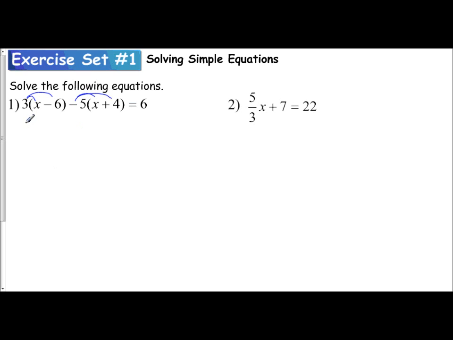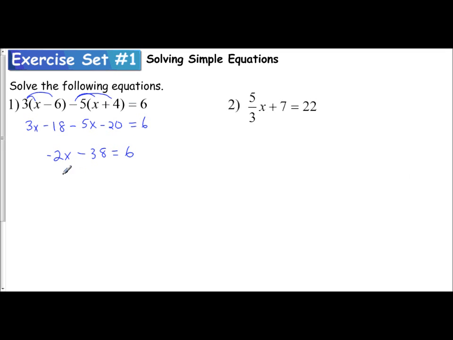So I get 3x minus 18 minus 5x minus 20 equals 6. Now, after I distribute, I take a look, well, there's a 3x, there's a negative 5x. I can combine those together to get negative 2x. There's a negative 18, a negative 20. Combine those to get a negative 38 equals 6.